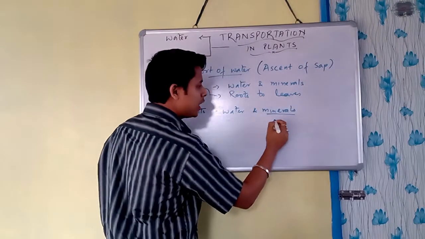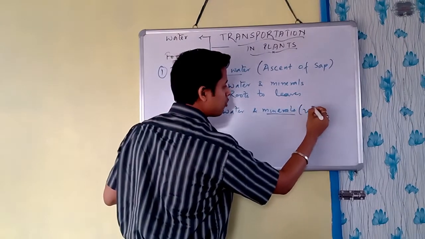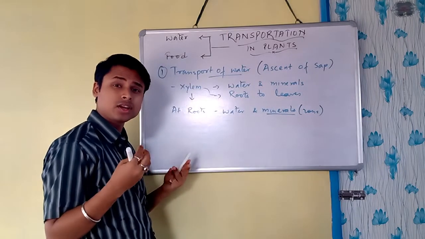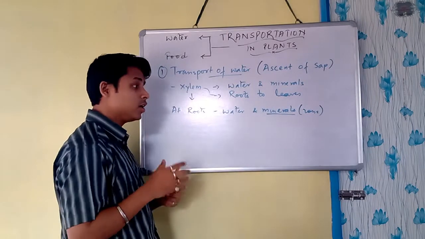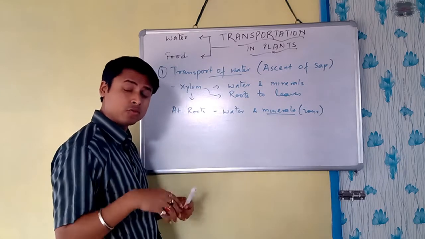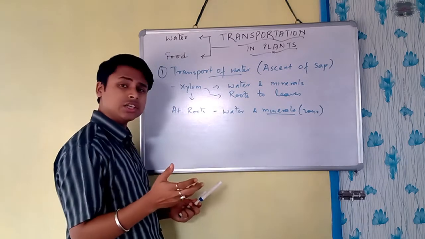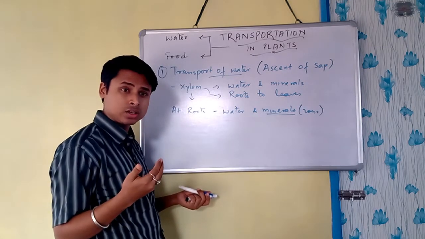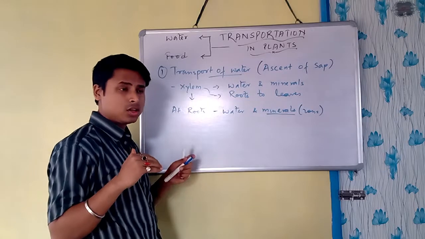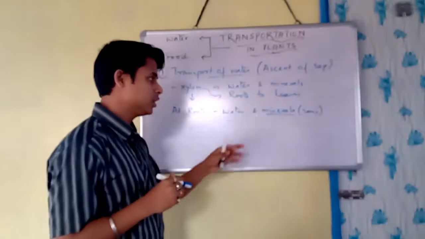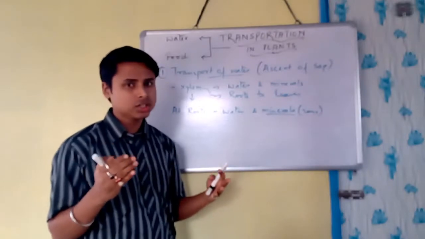The minerals are in ionic form, they are ions. And minerals are already present in the plant body also, and the plant requires more and more for growth. Now in this condition, because the concentration is not lesser, and we know due to diffusion substances go from higher concentration to lower concentration, but here there is no lower concentration in the plant.